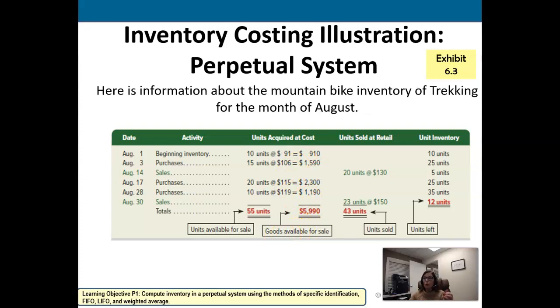Now, we sold some goods, and we're not going to worry too much about ending inventory at the moment because that's where all of these LIFO, FIFO methods come in. But we'll talk in terms of number of units versus cost of what we sold. So we sold 43 units. We had a total of 55 units to sell. And so that must mean that we have 12 units left in our ending inventory.